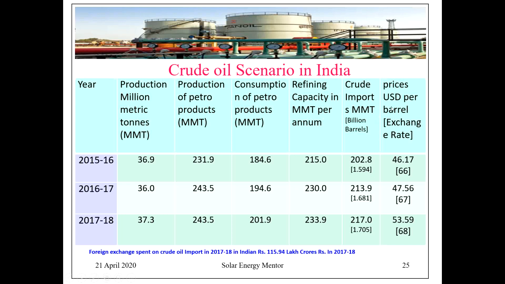Now, as regards what cost we are paying to import crude oil, let us concentrate on the 2017-18 figures. The production of crude oil was 37.3 million tons, petroproducts production was 243.5, consumption 201, and crude imports were 217.0. At that time the price of crude oil was 53.59 US dollars per barrel.